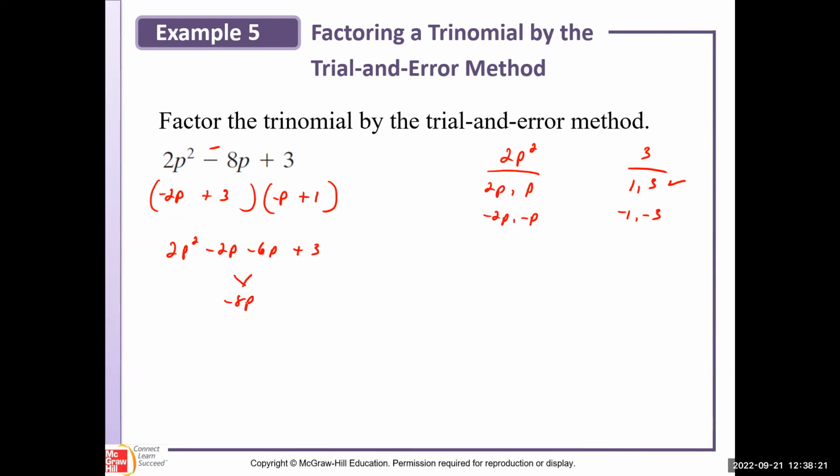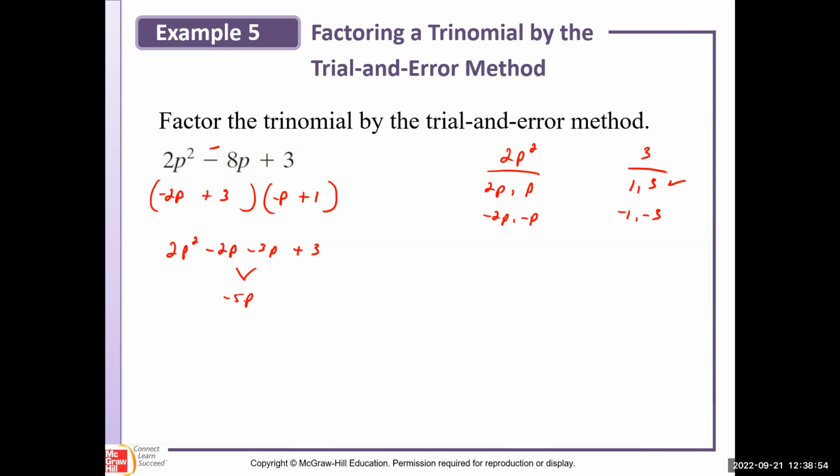So I did the -2p times the p, which gave me a +2p squared. -2p times 1 is -2p. 3 times -p, oh, that's a -3p. Oh, really batting 1,000 today. And then the 3 times the 1 gives me the 3. -5p.